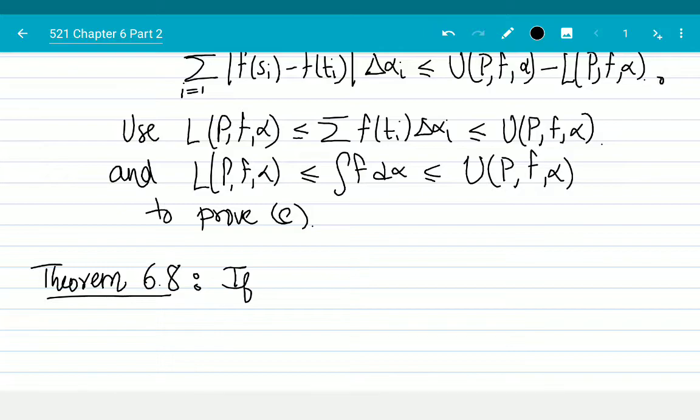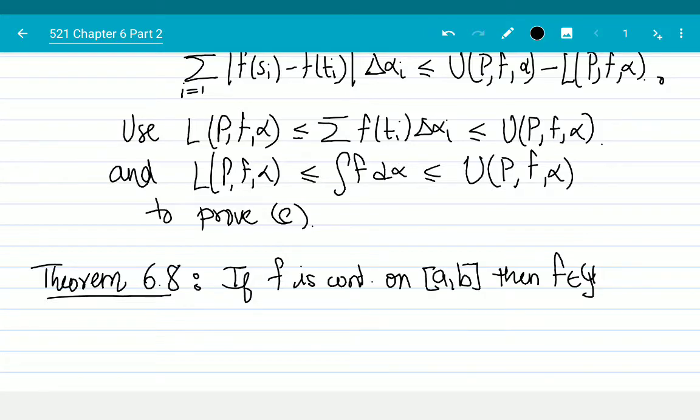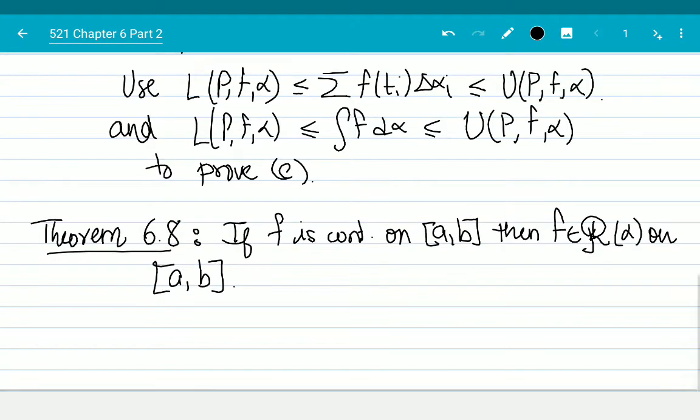Okay? If f is continuous on a to b, then f is Stieltjes integrable on a to b. Proof.